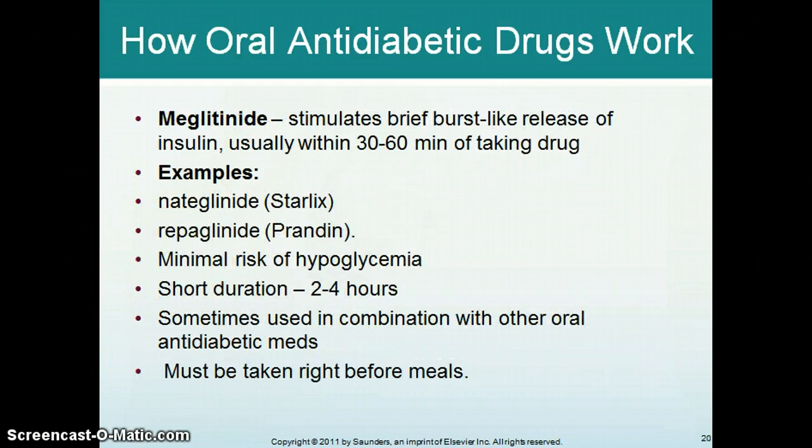Meglitinides stimulate brief bursts of insulin release, usually within 30 to 60 minutes of taking the drug.